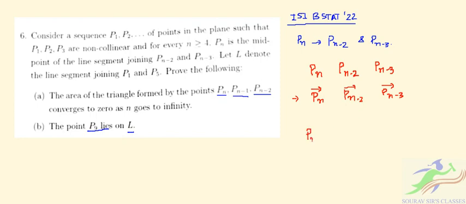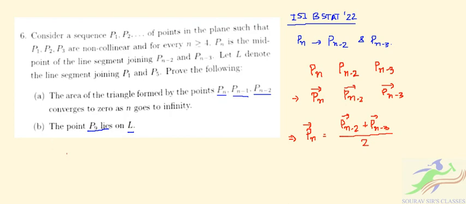We know that Pn is the midpoint of Pn minus 2 and Pn minus 3. Okay, so we have this Pn equal to this. Now let L denote the line segment joining P1 and P5.